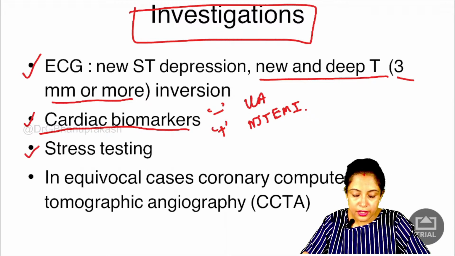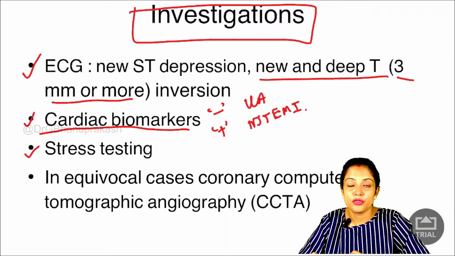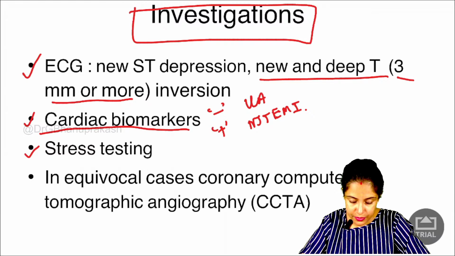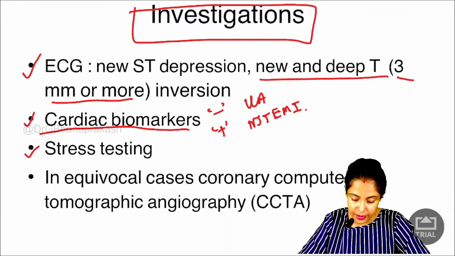Now, the third thing we will do is stress testing. We will do stress testing, and then we will see how much workload the patient's heart can tolerate, and at what level the patient develops ischemic symptoms or ischemic signs in the ECG.